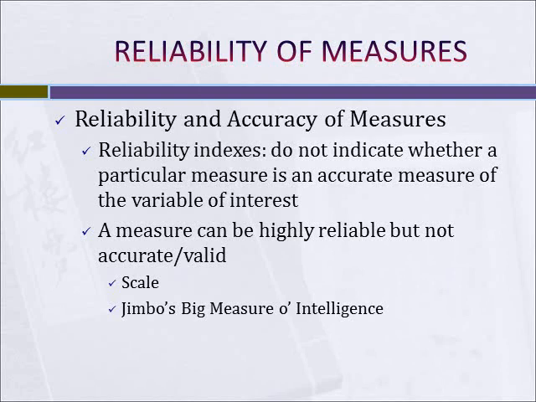They weren't measuring what they were supposed to. So even if they had high measures of reliability, high Cronbach's alpha, test-retest reliability, they still wouldn't be considered to be valid. Or think of, let's say that my buddy Jimbo came up with Jimbo's big measure o' intelligence. Okay, it might yield a reliable score, but chances are Jimbo, being the foresting man that he is, may not actually be developing a measure that's assessing intelligence.